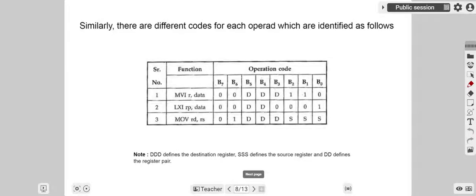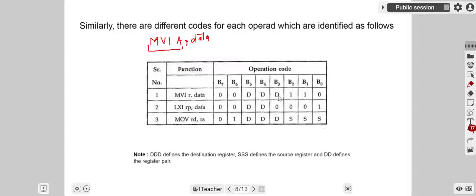Let us suppose that we have to use this instruction MVI A comma data. So what will be the opcode for MVI A comma data here? The opcode will look like this: 00 DDD 110.